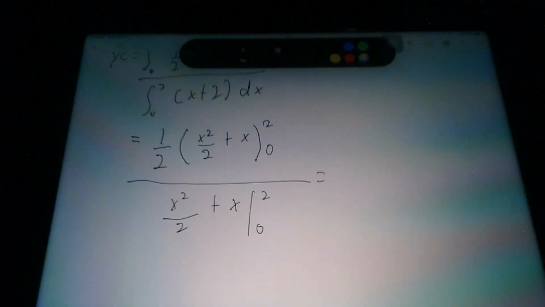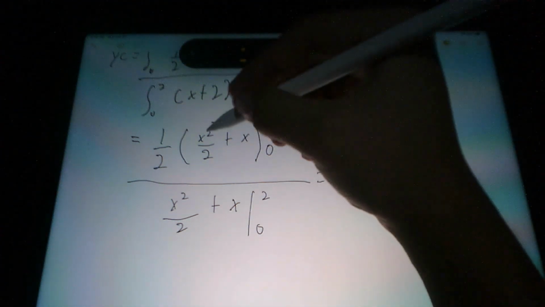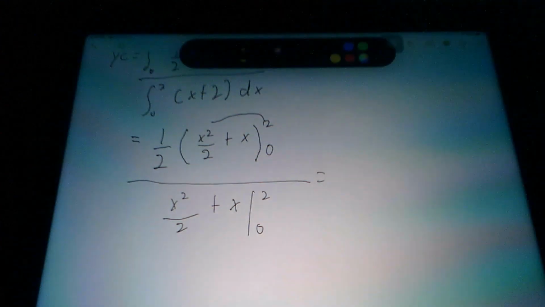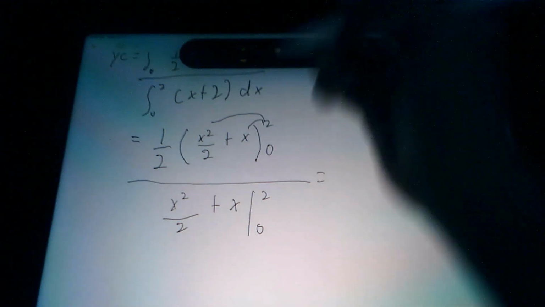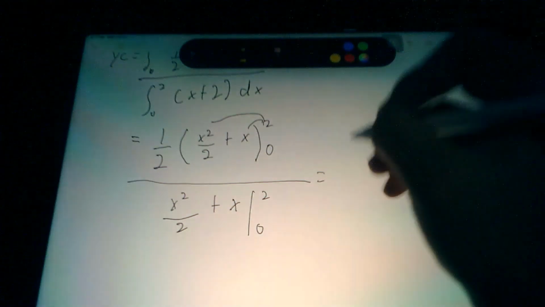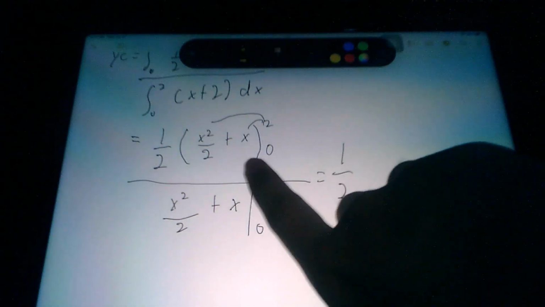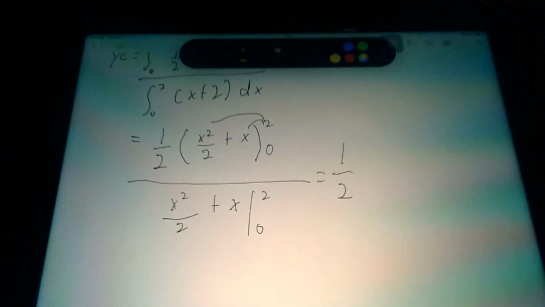Now by finalizing this, let me get my calculator. You substitute x with 2. Let's take out 1/2 here and just solve x squared over 2 plus x over this part.